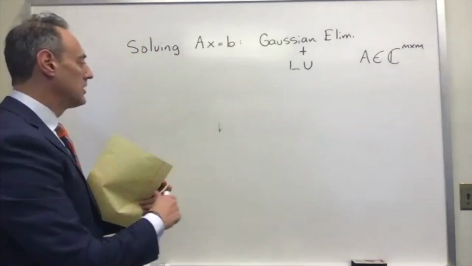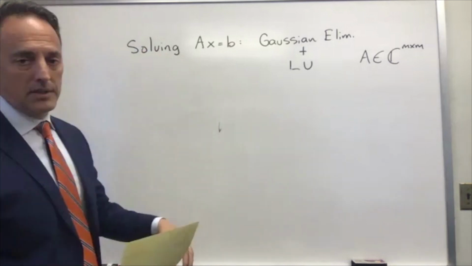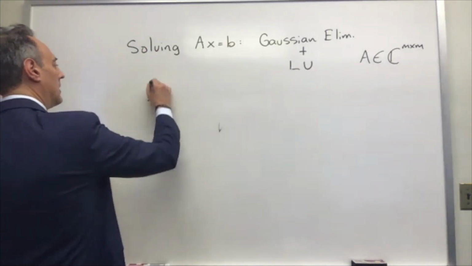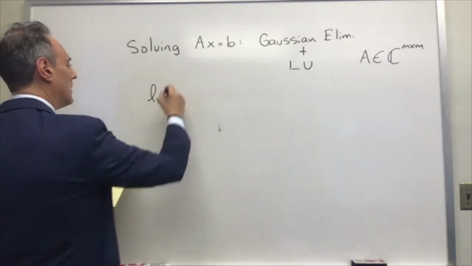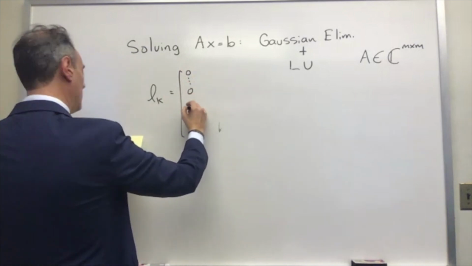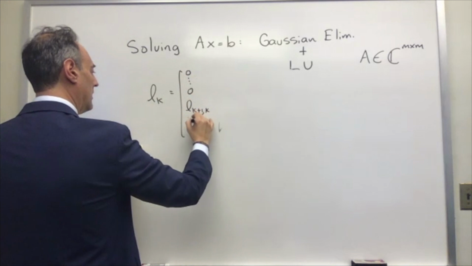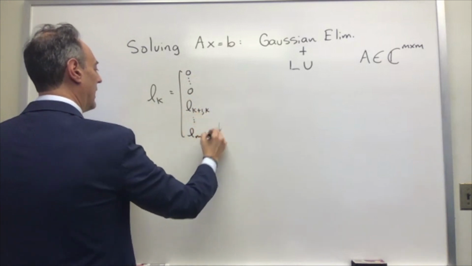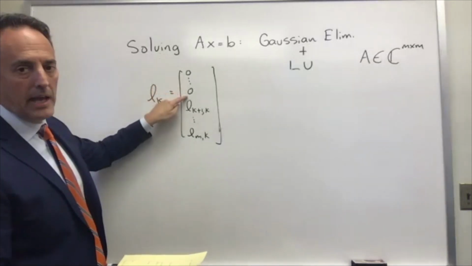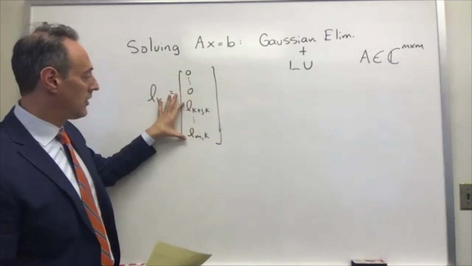All right, so let's keep going on here then. I want to write that process down in a more compact form. So I'm going to define a vector, l_K. It's going to be zeros everywhere until you get to K plus 1, K, down to l_M,K. So in other words, the diagonal term will be L_KK. So all the terms below the diagonal, here they are.